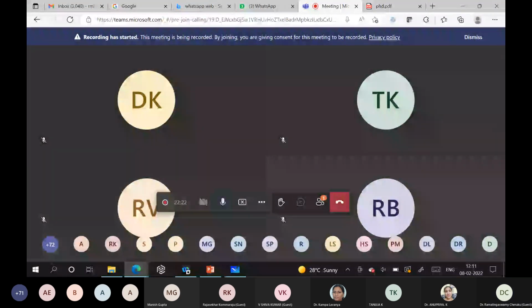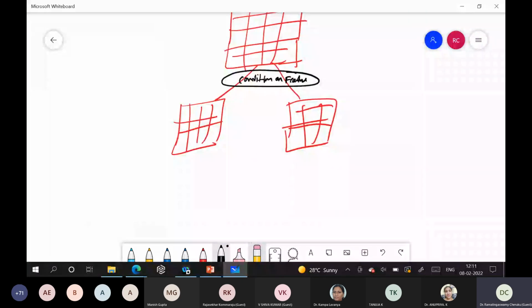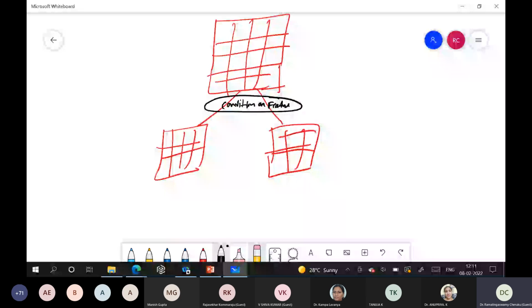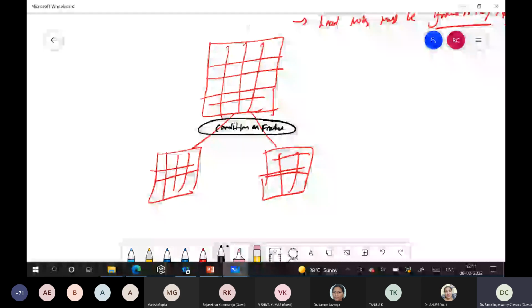So the overall idea is, I will take the whole data set, then I will start tweaking my features. Suppose there are features F1, F2, F3, and this is the class labels, the ground truth information. I will keep a condition on top of this feature.